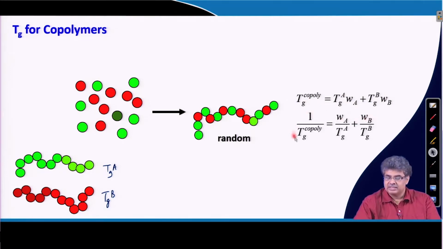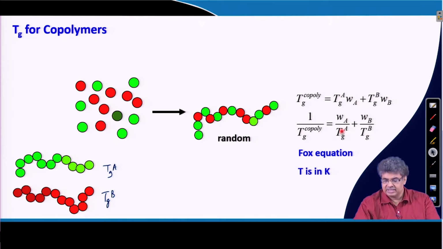Hence, there is another equation proposed by Fox, and the equation is given by this expression, where again W A and W B are the weight fractions of A and B respectively in the copolymer, and Tg A and Tg B are the homopolymer Tgs.